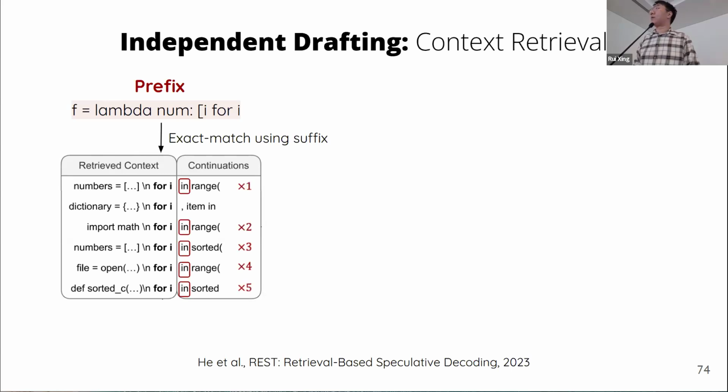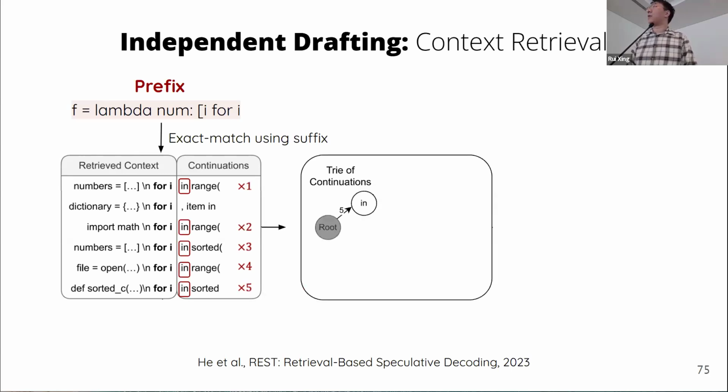And then we can build a trie tree. The building process is very simple. First, we gather statistics: here the first token is always "in", and its frequency is 5, meaning it appears 5 times. We build the first node from the root node, and this is "in".